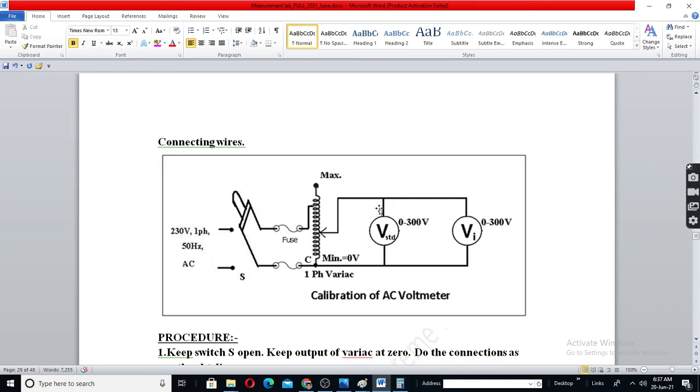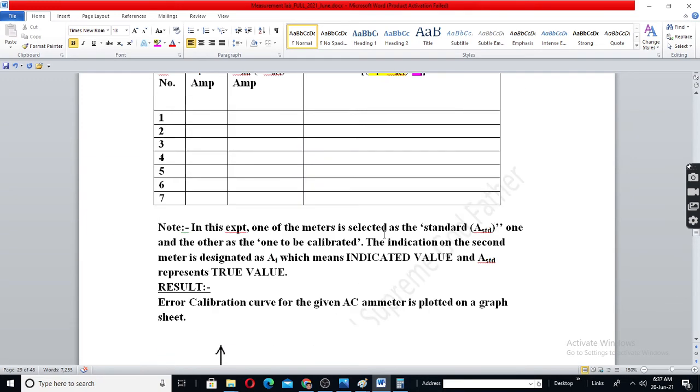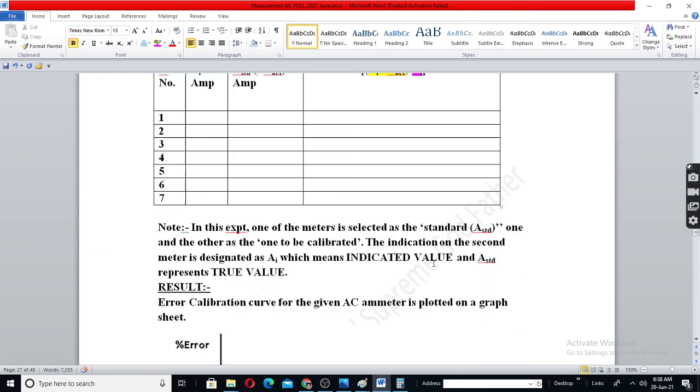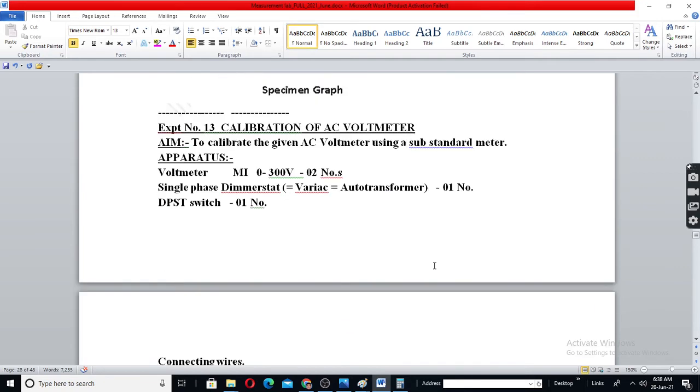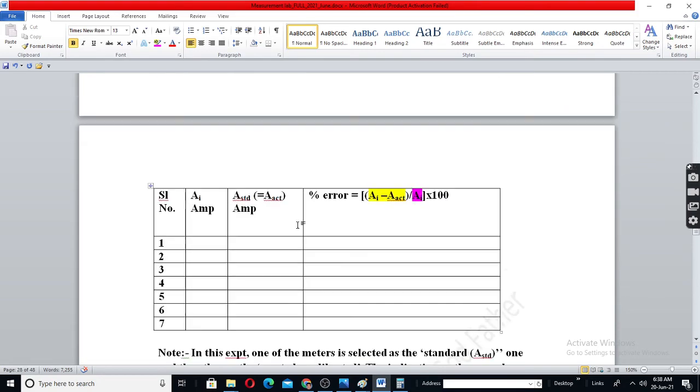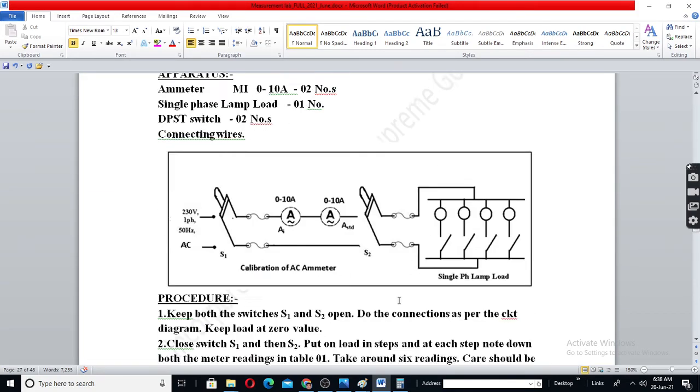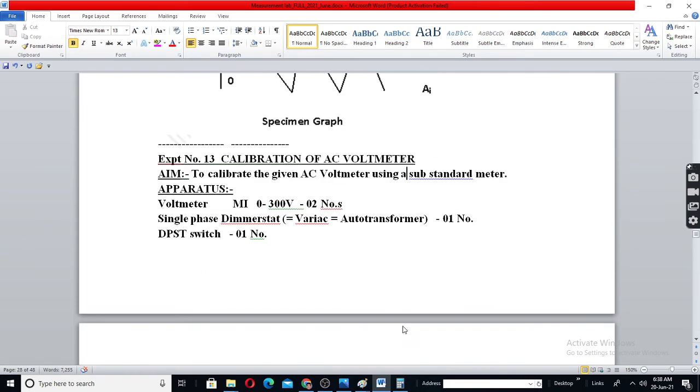For ammeter calibration, you need varying current, say 1 ampere, 2 amperes, 3, 4, 5, like that. So you have to switch on lamps. Here it is variable current in ammeter calibration.